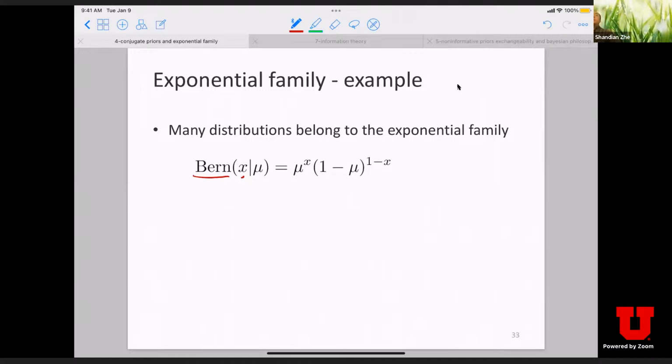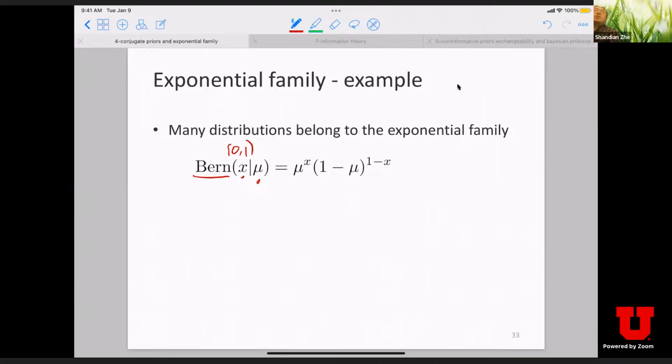The Bernoulli distribution is usually used to model, when you toss a coin, the chance that you see heads up or tail up. So x is the observation, which is either 0 or 1, and the distribution is parameterized by the parameter mu. Mu is between 0 and 1 and indicates the chance that you see x equal to 1. So the probability of observing x in the Bernoulli distribution is mu to the power of x times 1 minus mu to the power of 1 minus x.